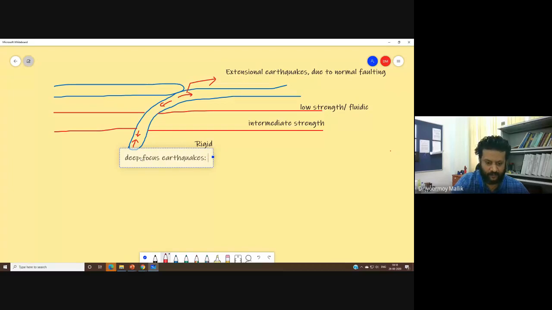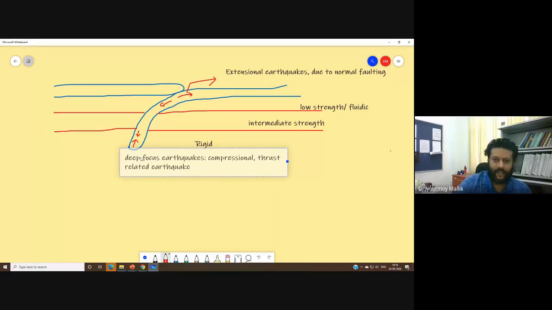They are generally compressional or thrust fault related earthquake.